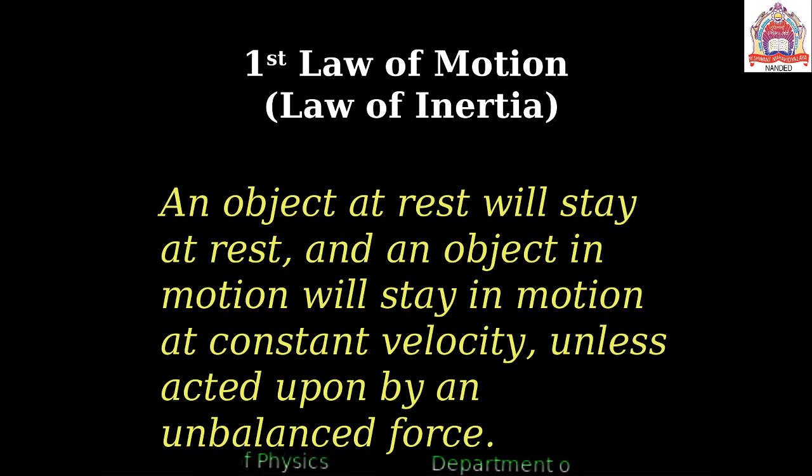As we already saw in the tug of war between the two teams, when an unbalanced force is there, the thread will break. So the first law describes that an object at rest will stay at rest and an object in motion will stay in motion at constant velocity unless acted upon by an unbalanced force.